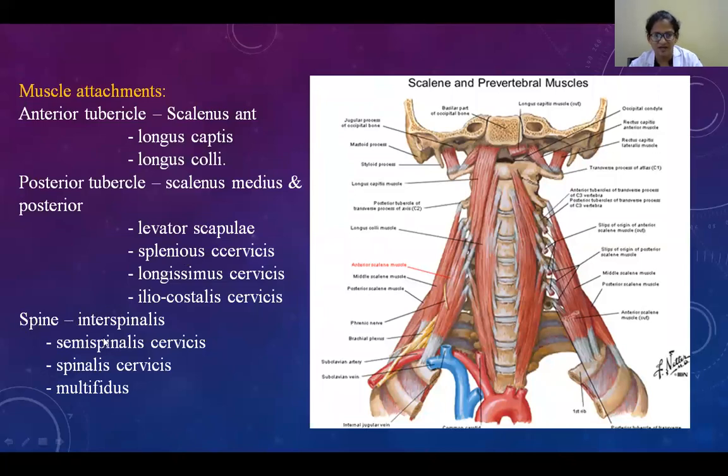The spine gives attachment to the deep group of muscles: interspinalis, semispinalis cervicis, spinalis cervicis, and multifidus. These are the attachments of the cervical vertebra.